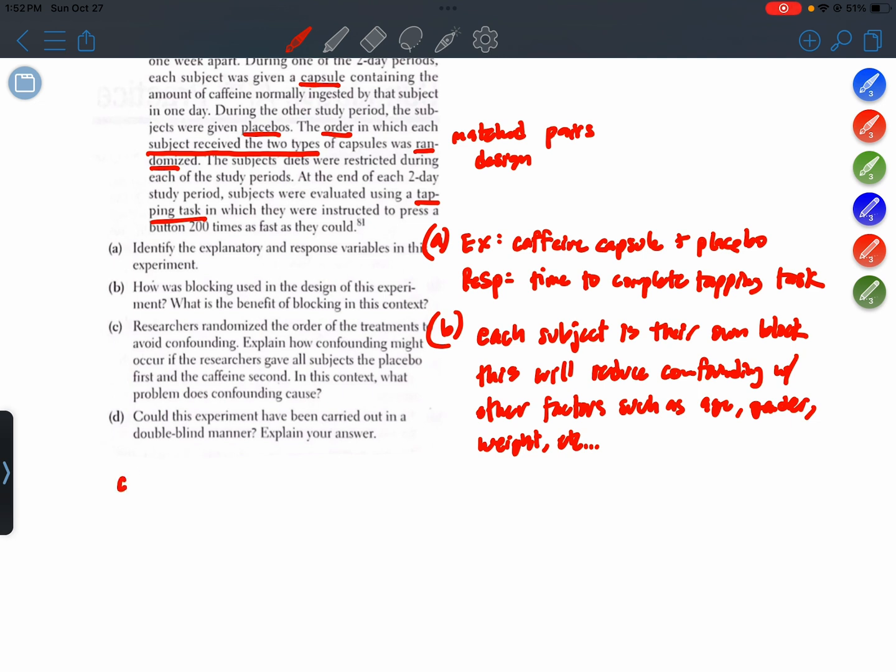All right, let's look at part C. Researchers randomized the order of the treatments to avoid confounding. Explain how confounding might occur if the researchers gave all subjects the placebo first and the caffeine second. In this context, what problem does confounding cause?